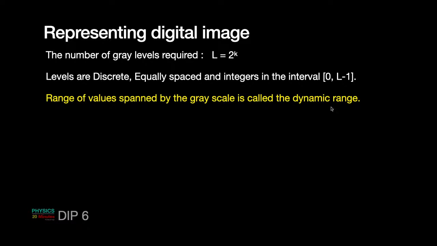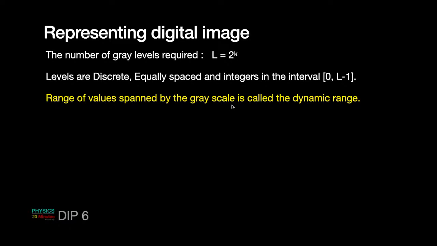Sometimes you will hear this term called dynamic range. If you look at the latest phones, particularly iPhones and Samsung top end phones, they all talk about high dynamic range or HDR photography, HDR video, etc. So typically the dynamic range means the number of values of grayscales.